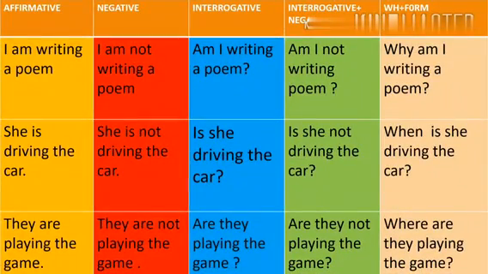Now let us discuss some more examples based on this tense. Firstly, we will discuss affirmative. Affirmative means a positive sentence, or we can say an assertive sentence, or some people say a declarative sentence. We already know now what the method is.